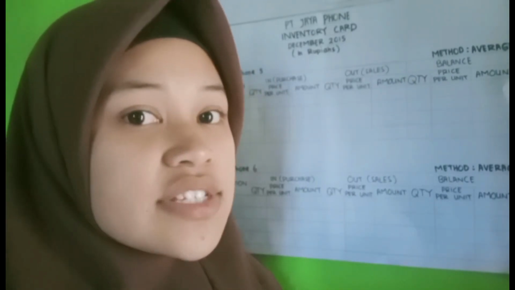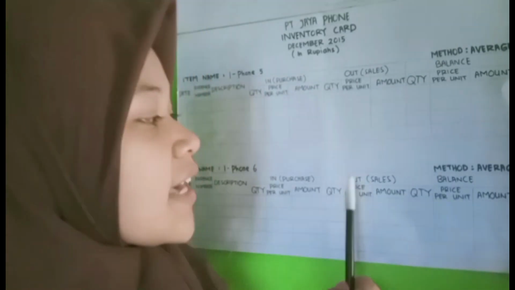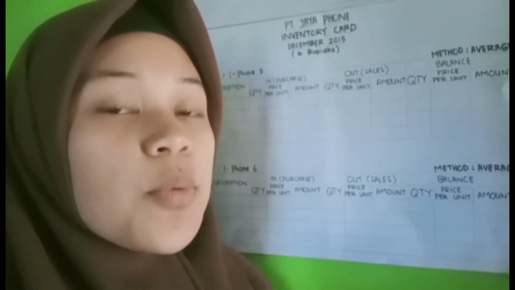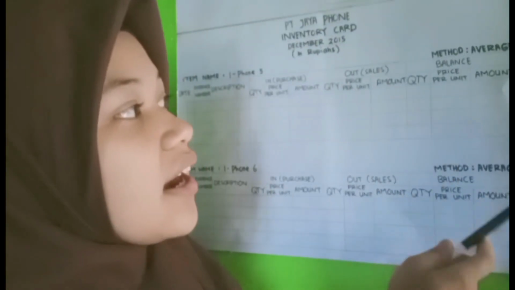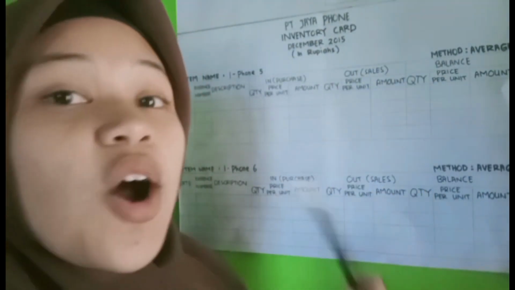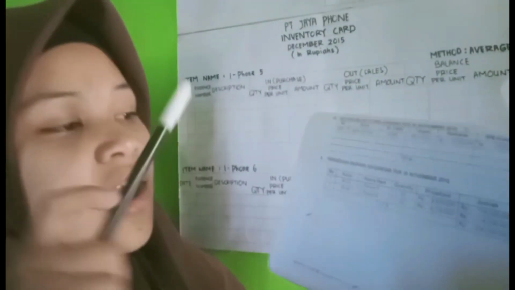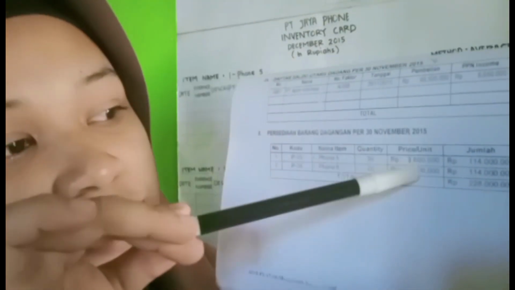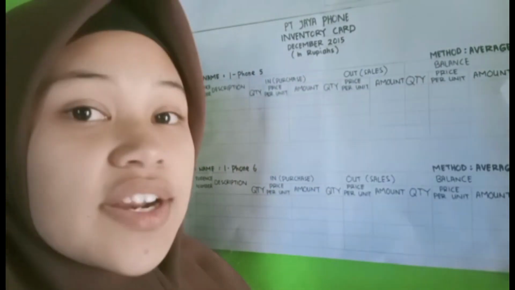The average method we use in purchase transactions, but at sales transactions we don't use the average method. We will use the price per unit at opening balance. First, we input the quantity, price per unit, and amount for each item, iPhone 5 and iPhone 6, into the inventory card.